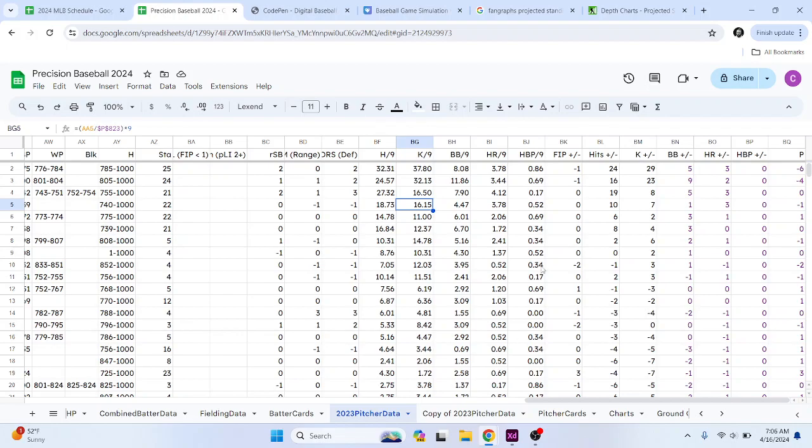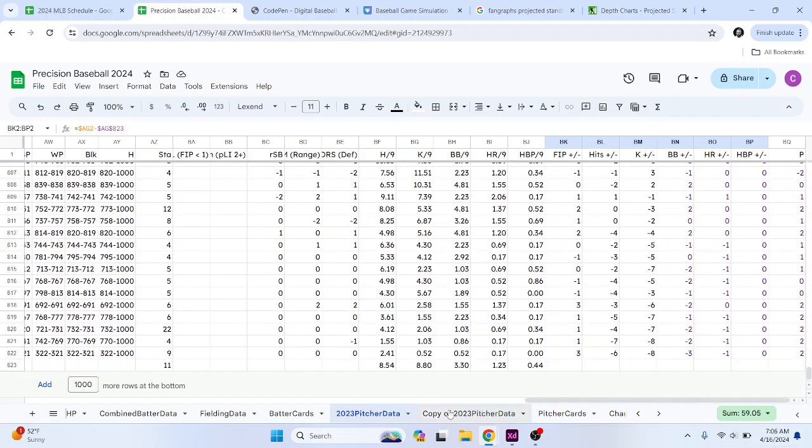And so once I figure all those out, then I do the same thing over here. I do a plus or minus the average in the league. So we take the averages of all those. So the average of the league on that hits per 9 based off of 52 innings or whatever it is, 8.5 hits per 9, 8.8 strikeouts per 9.